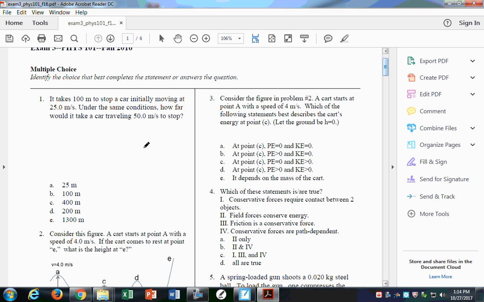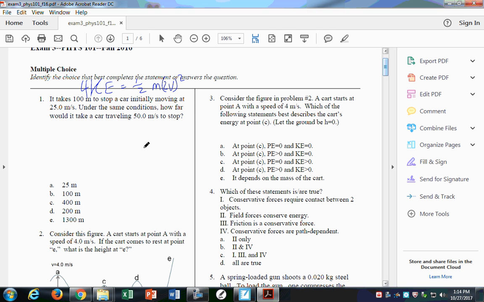If I increase my speed by a factor of 2, by how much have I increased its energy? I've increased it by 4, because my kinetic energy is 1/2 mv squared. If I double my speed, I quadruple my kinetic energy.